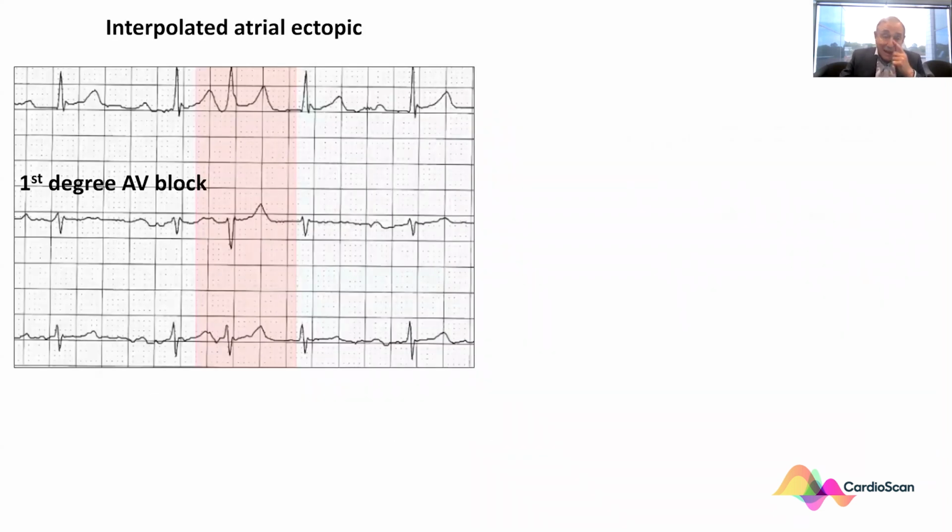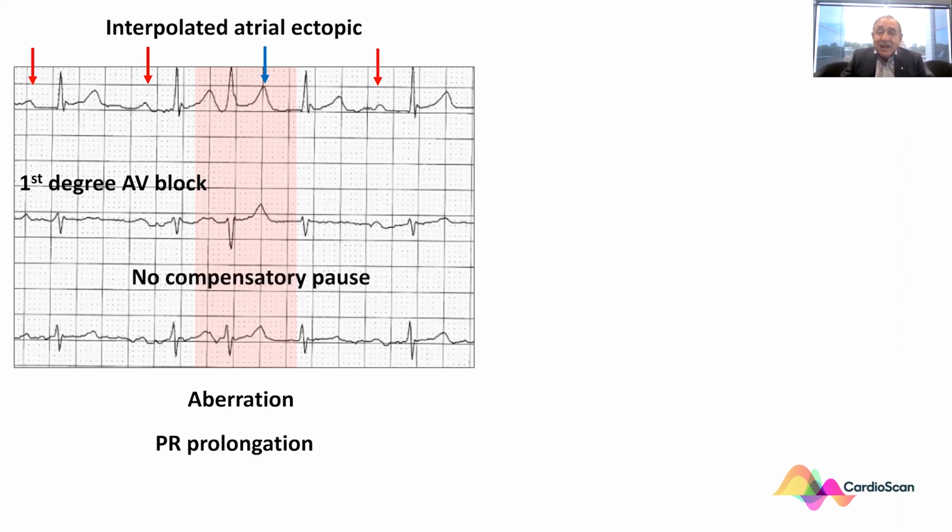To explain, here we have an interpolated atrial ectopic in this first degree block here, and we can see the atrial ectopic in the red highlight and no compensatory pause. There is a P wave present in the T wave, and there is PR prolongation even further because conduction is partially refractory. Also note that the QRS has aberration, which we have discussed previously.